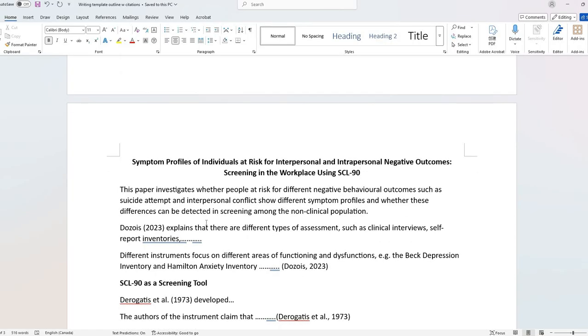We explain the research issue, we explain the theory being tested, and we explain the hypothesis. I have some placeholders for you, and these are statements you can use as placeholders, and they demonstrate the type of content you need to write in this place.